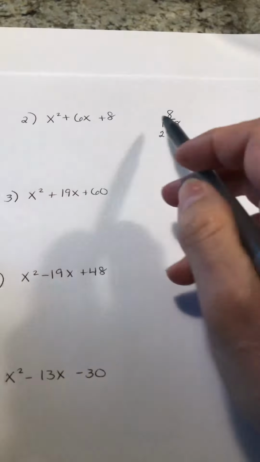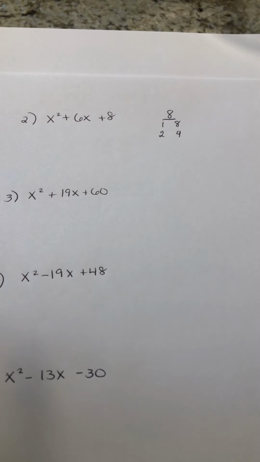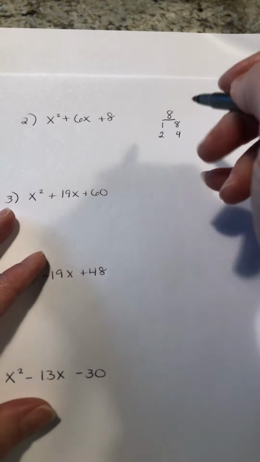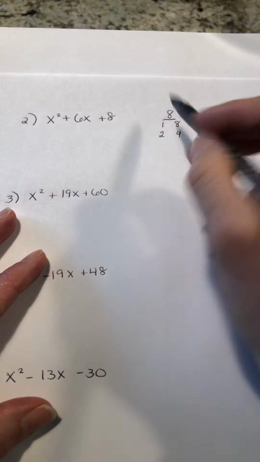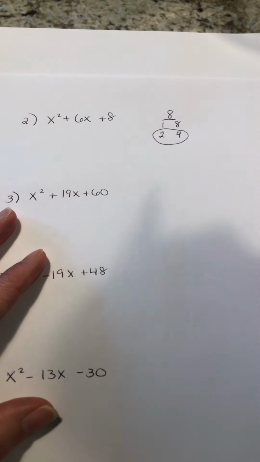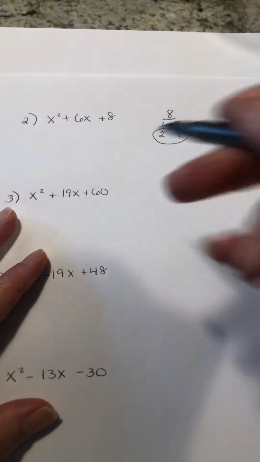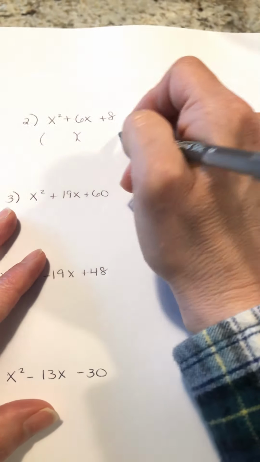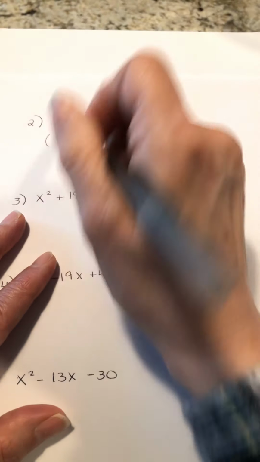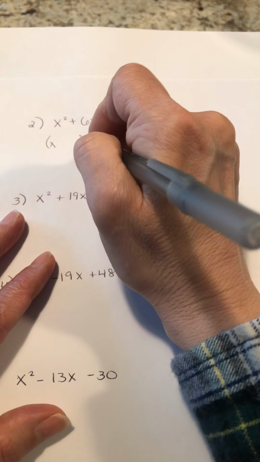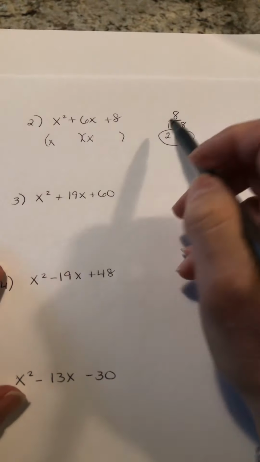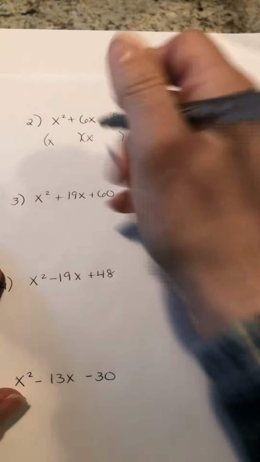I'm going to look at these pairs and figure out which sum gives me a positive 6, and that would be these two right here. Those are the two numbers I'm going to use. So when I write my parentheses out, again I know I need an x and an x to give me the x squared, and now I have a positive 2 and a positive 4.